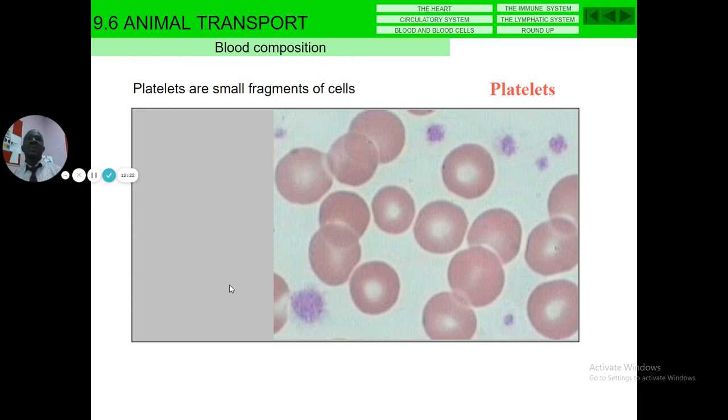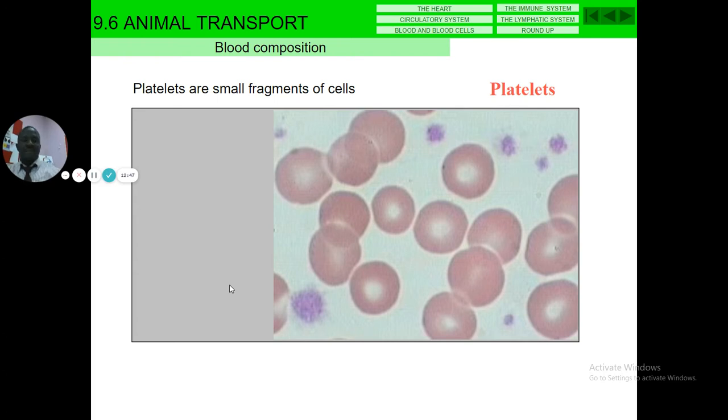Two, they have a pigment known as hemoglobin that has a high affinity for oxygen. Number three, they are numerous, to increase the surface area for absorption of the gas. Number four, they are biconcave in structure, or donut shaped, which increases the surface area for diffusion of the gas.